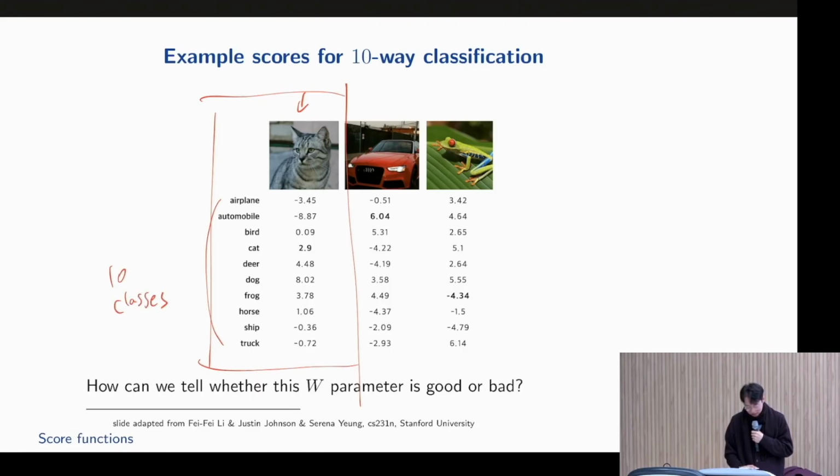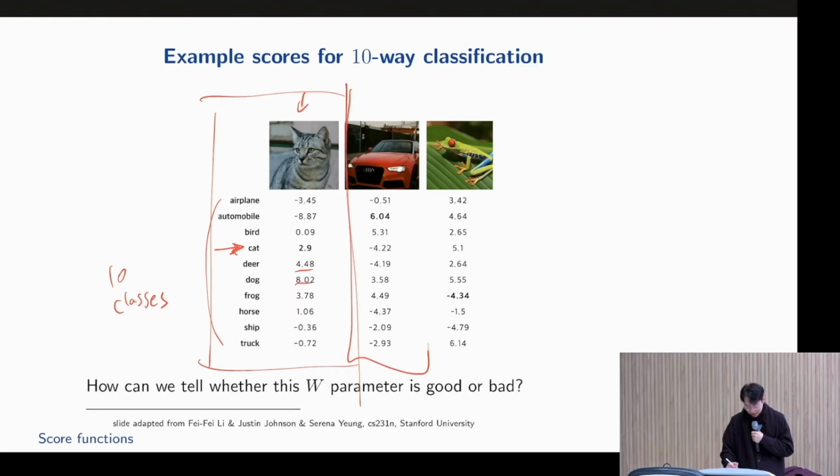And what's the score for the ground truth label? That's this one. So this is not higher than the score for all other classes. So this parameter W is not very good for this input image, because we want this to be as high as possible, higher than all other class scores.